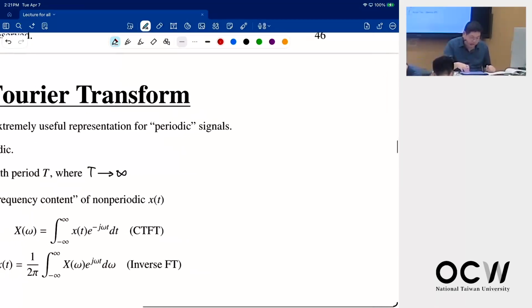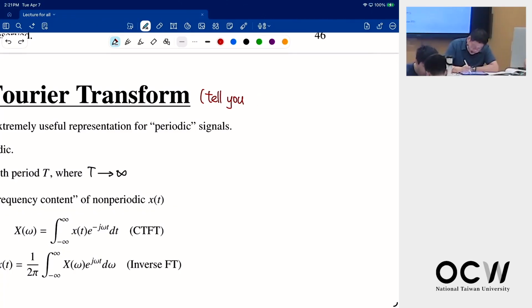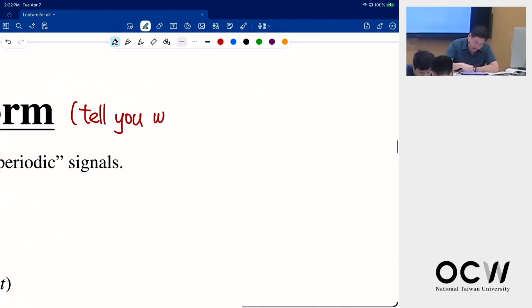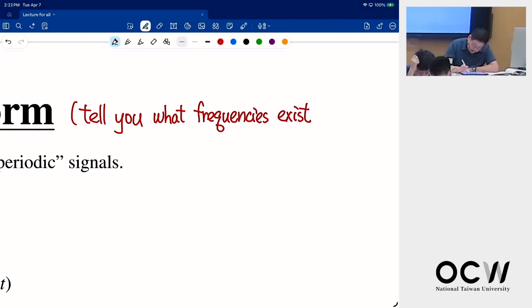It will tell you what frequencies exist in a signal.